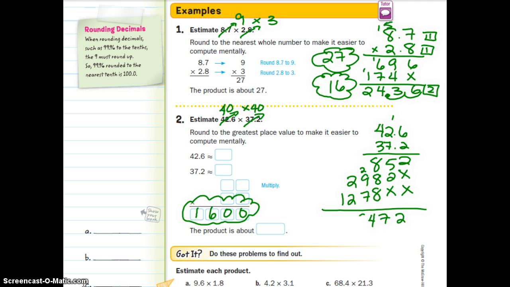That's 2, that's 18, carry my 1, that's a 5, and that's a 1. And then we got a 1 and a 1, which is 2 bunny hops. So the answer is 1584.72. So the question is that close? Of course that's close. So we know that's a good estimate. All right, your turn. Get it, got it, go.